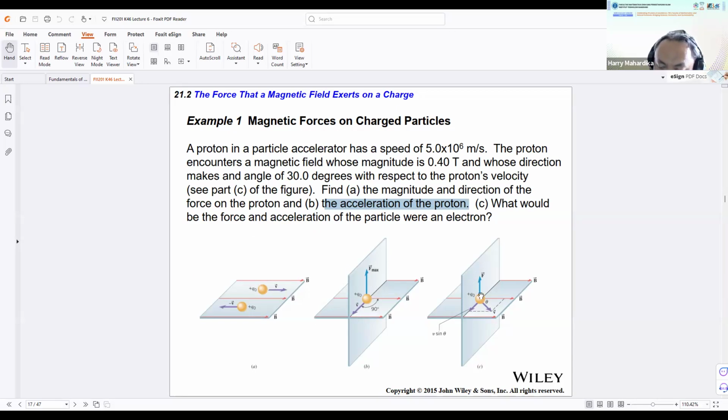So we can see in this case that this moving particle, which initially has a direction 30 degrees to the direction of B, is now being pulled up to the upward direction.